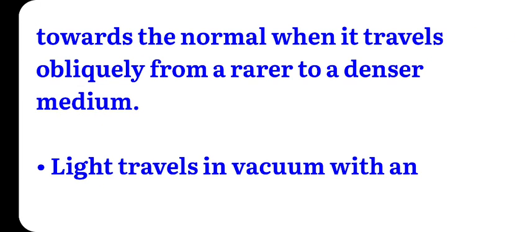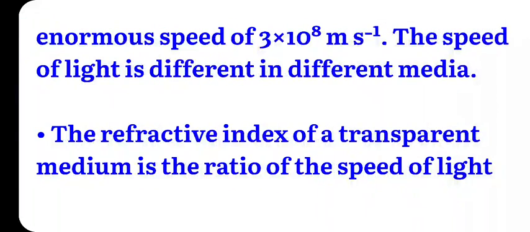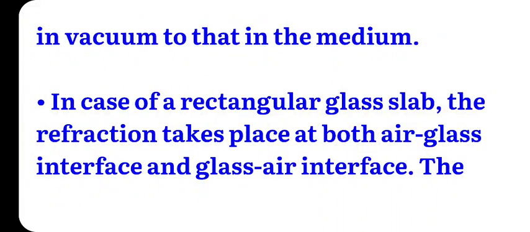Light travels in vacuum with an enormous speed of 3 × 10^8 meters per second. The speed of light is different in different media. The refractive index of a transparent medium is the ratio of the speed of light in vacuum to that in the medium.